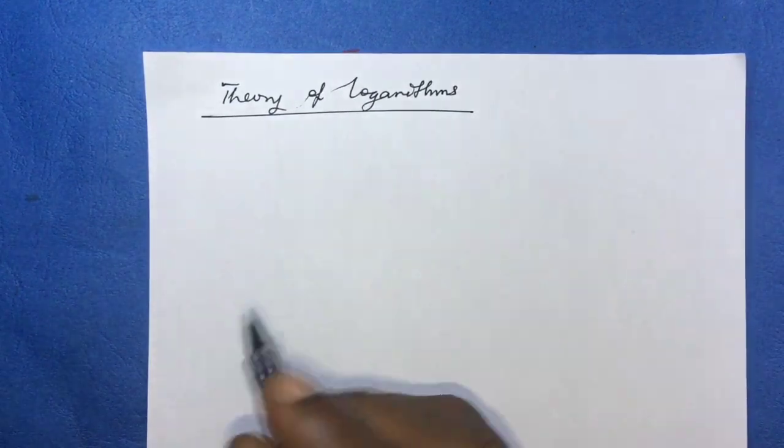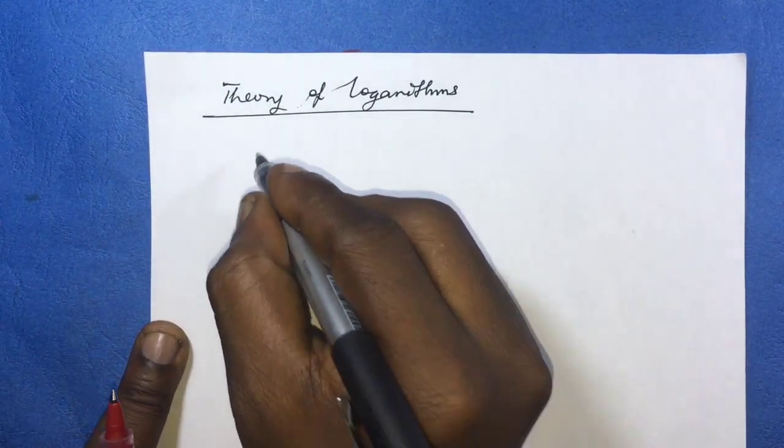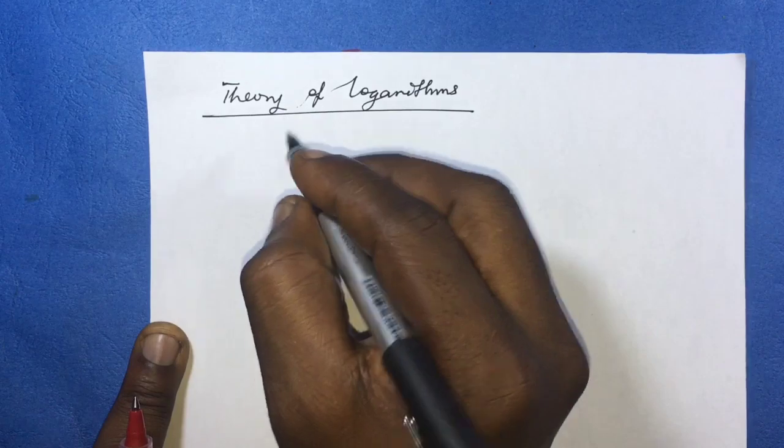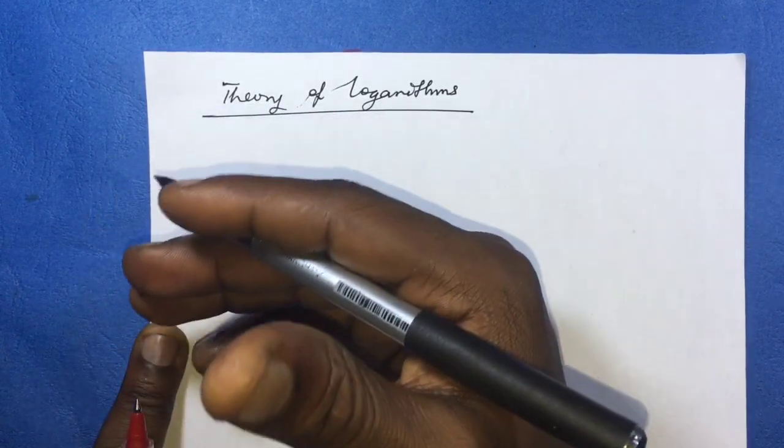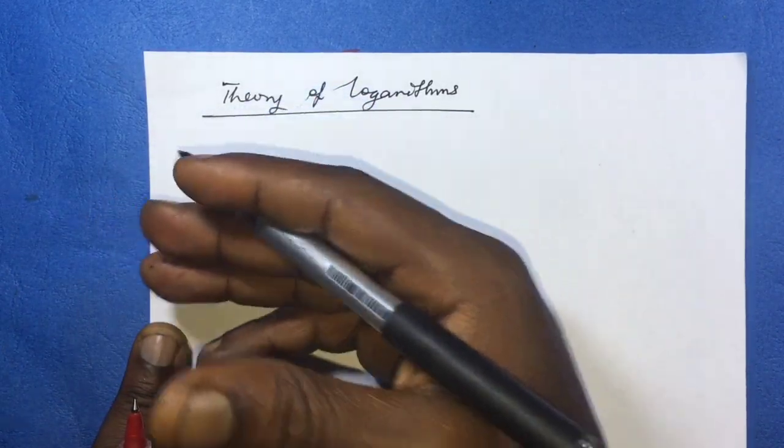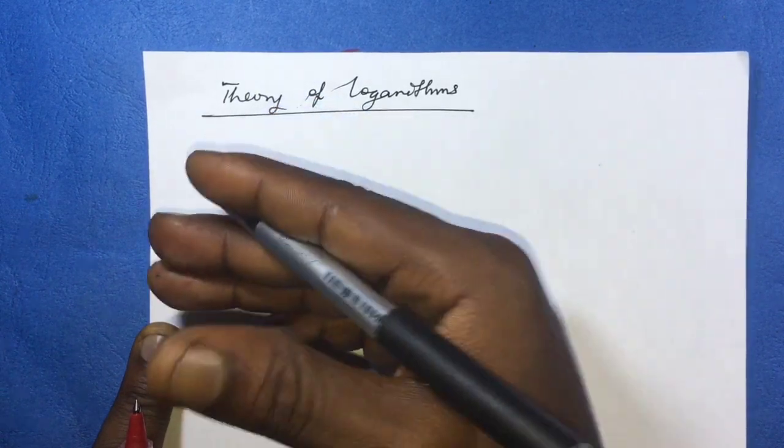Theory of logarithms. Under the theory of logarithms, we dedicate our efforts to obtaining the logarithm of numbers in bases other than 10 or e.